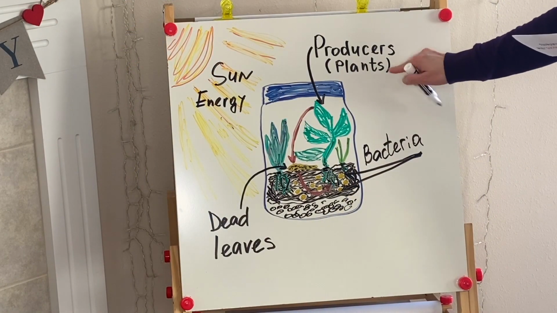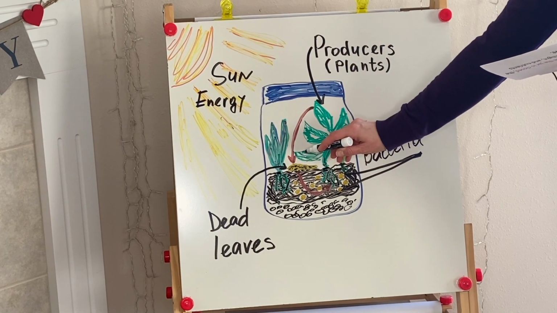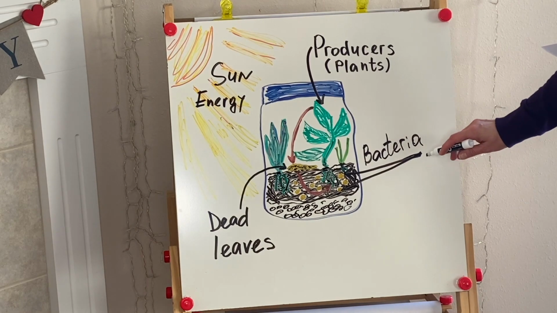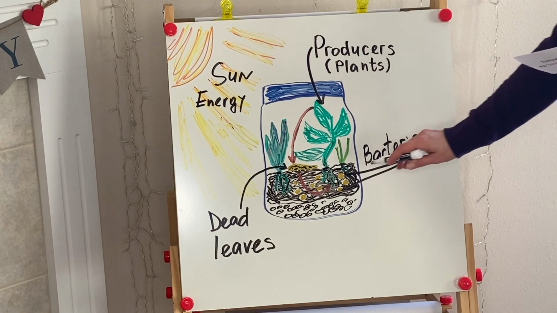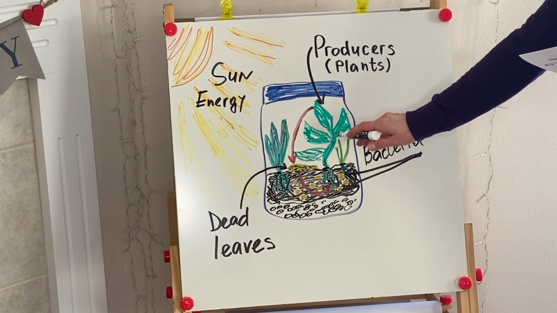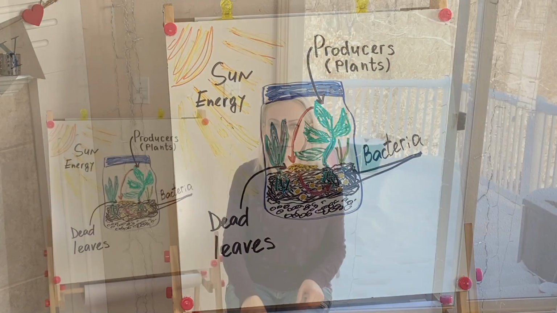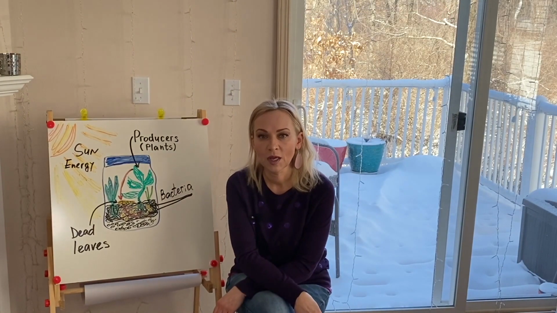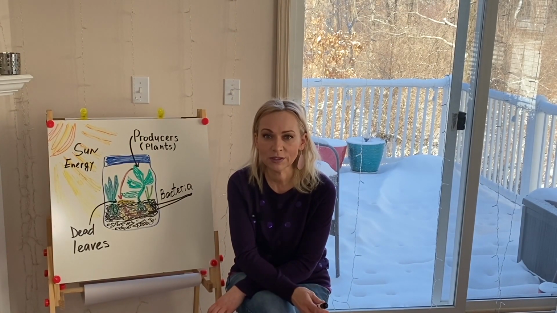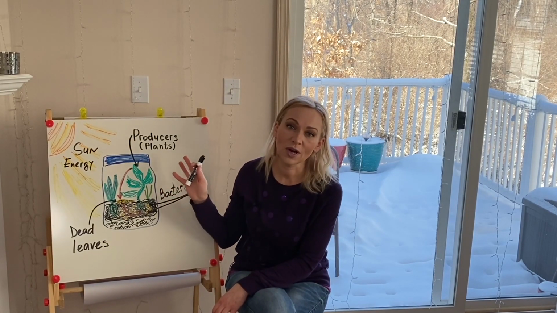As the plant loses some leaves, they are broken down by bacteria and become nutrients for the soil, so the plant can use them to survive. With the right balance, the ecosystem inside this glass jar can survive for years.